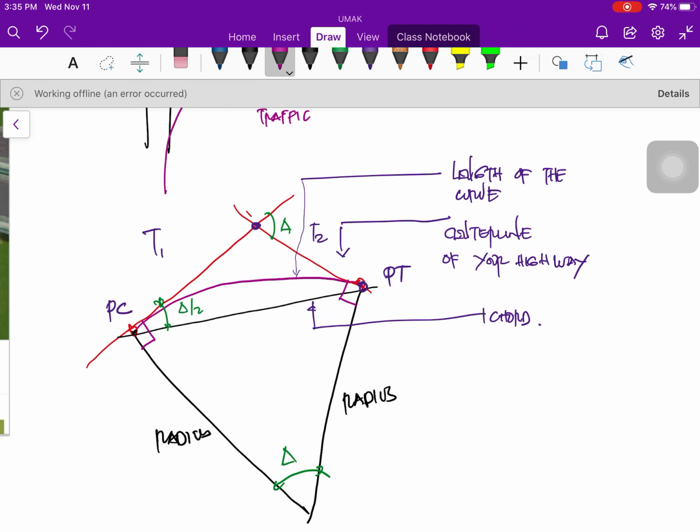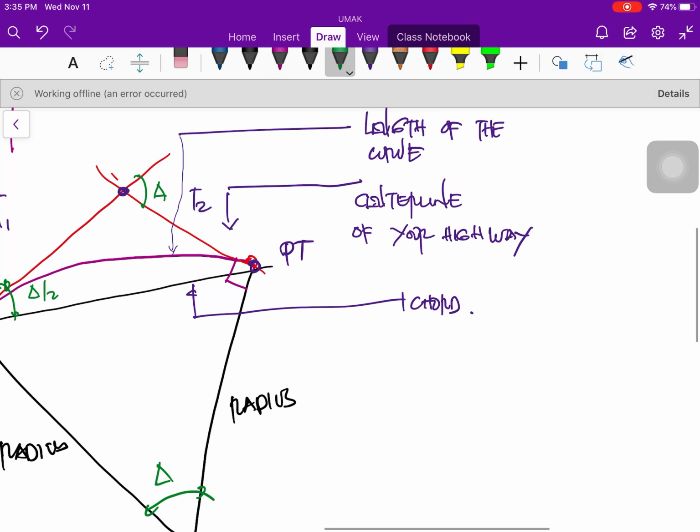So the most common questions that designers ask are: what is the length of the curve, what is the length of the chord, what's the radius, and what's the delta or the deflection angle. Unfortunately, in actuality, it's hard to lay out a curve that long. For example, the length of the curve is 200 meters.